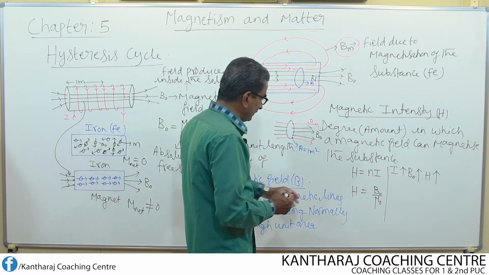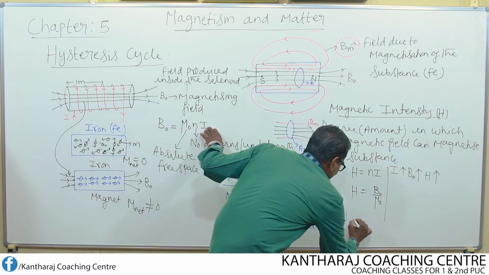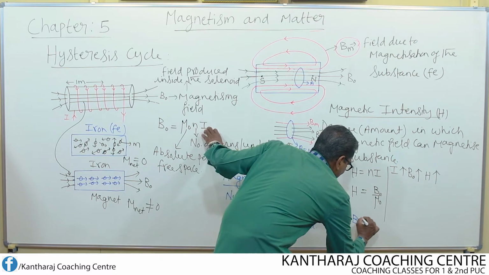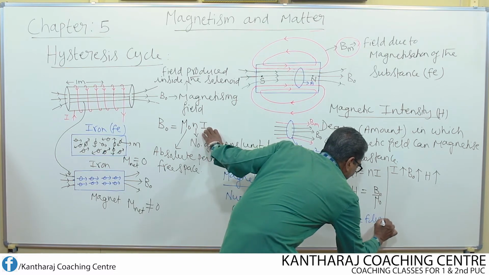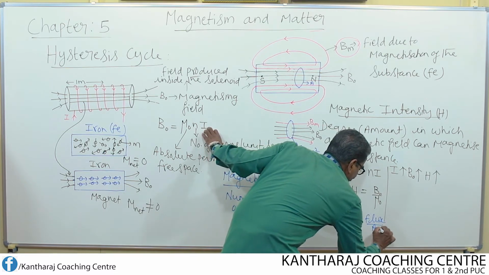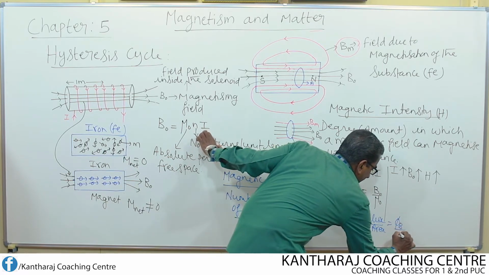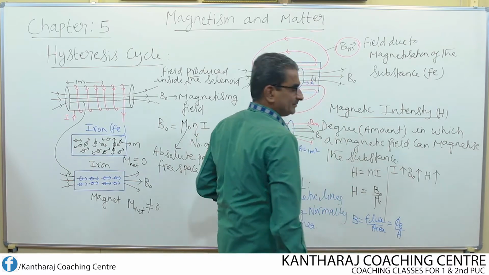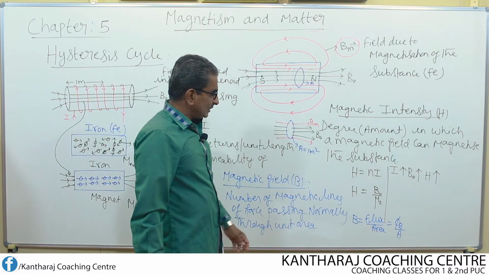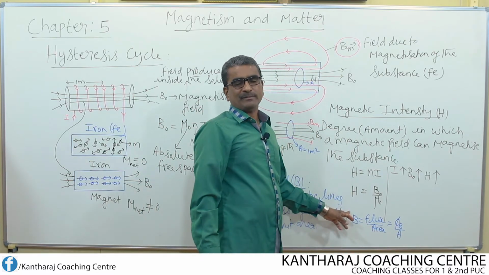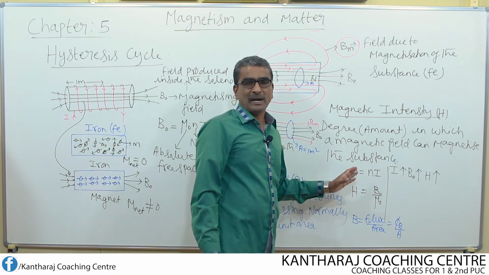Let us write it here. B equals flux by area. Flux means magnetic flux, represented by phi B, divided by area. So this is the mathematical equation used to find the magnetic field.